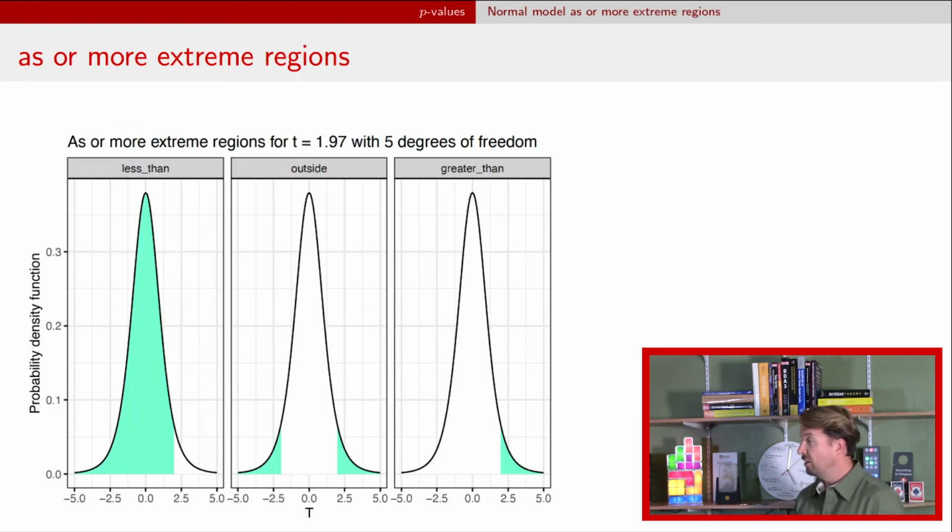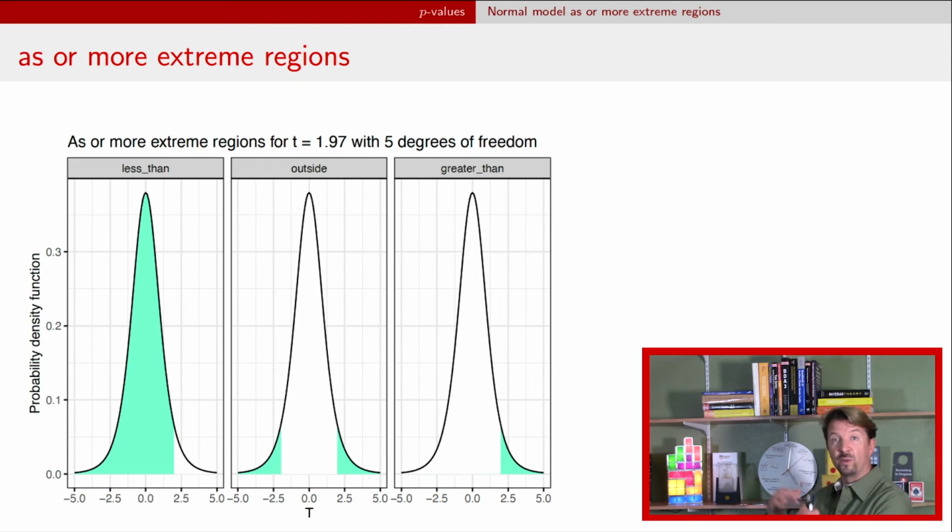Okay, so here's a visualization of those different regions. First off, in all of the facets, we have the probability density function for a standard t-distribution with n minus 1, or 5, degrees of freedom. Colored in aquamarine are the different areas, or those rejection regions. On the far left, we have the less than or equal to.